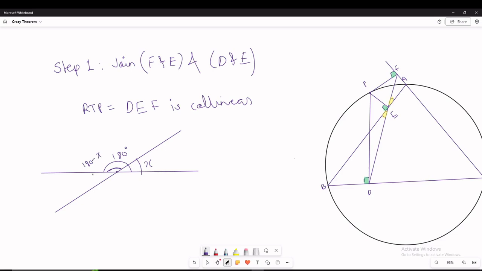And if we prove that this angle is also x, this total becomes 180 again. Then this becomes 180, which also tells that this line is a straight line. So that is what we are basically going to prove. Okay. So let's start, I guess.